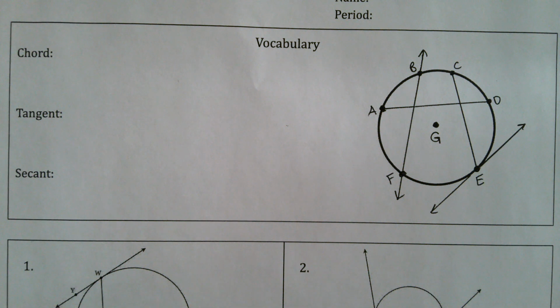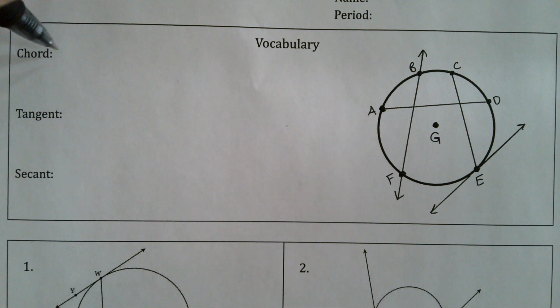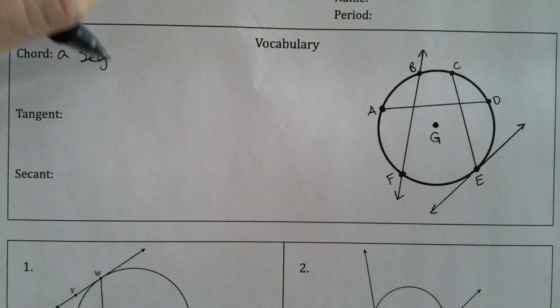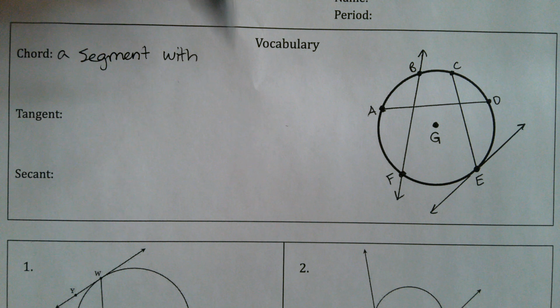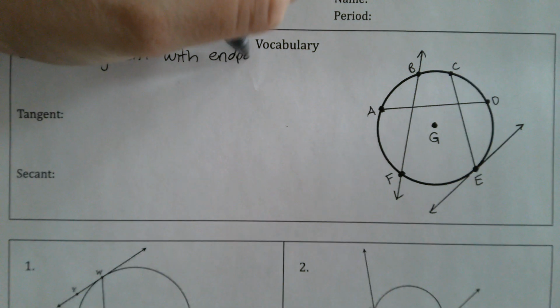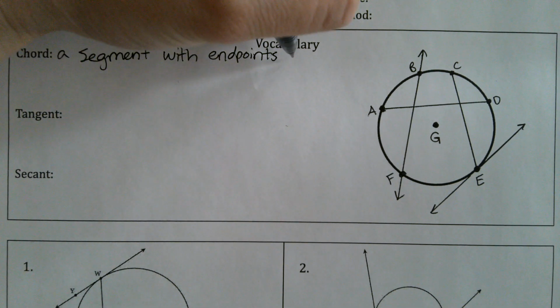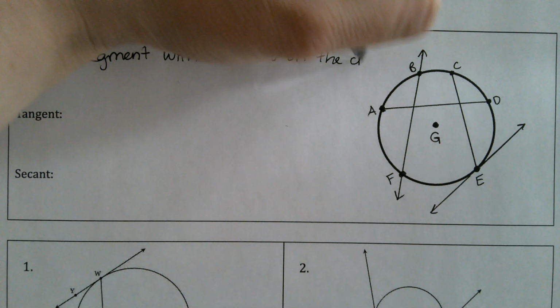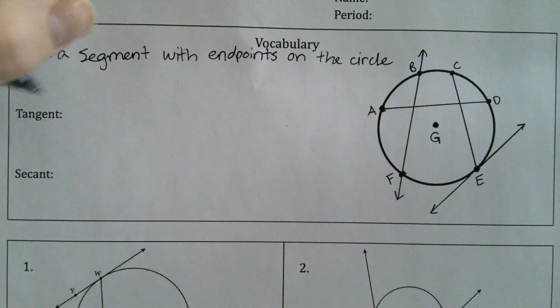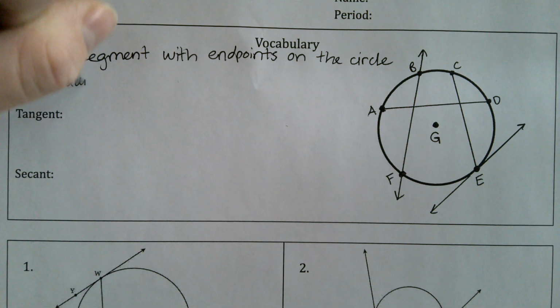We've already talked about chord a bit. A chord is a segment with endpoints on the circle. And there are a few examples of chords in this circle.